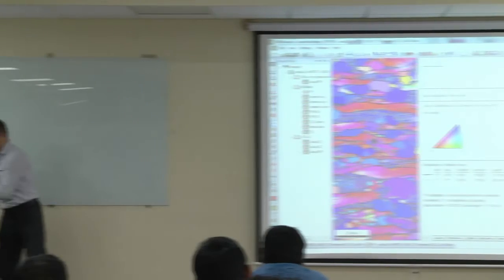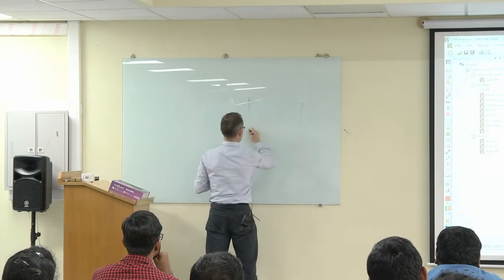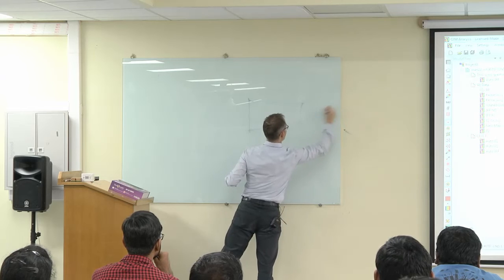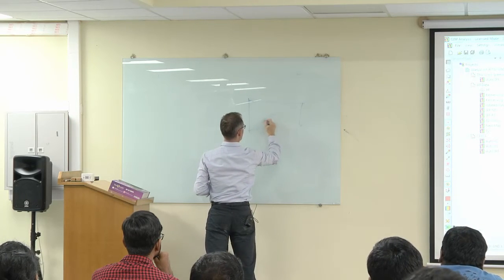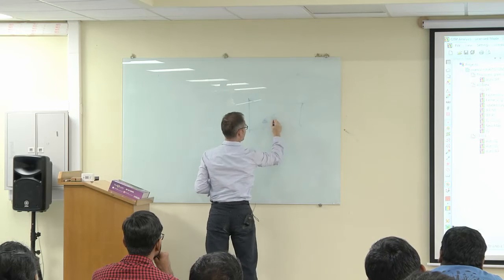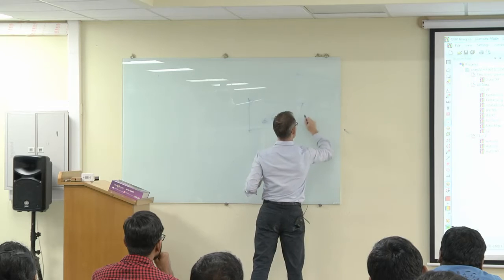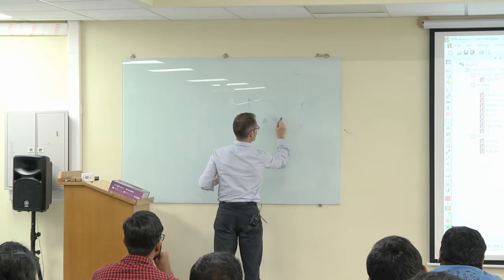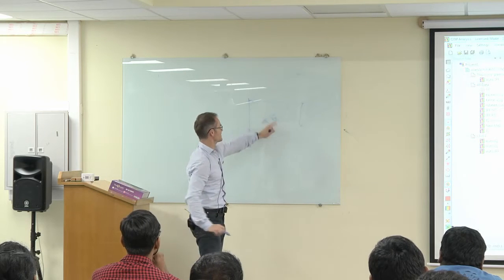So, if we had this material being rolled, this is the rolling direction, and this material has been either measured on that side here or on that side here. I don't remember perfectly, but it doesn't matter.